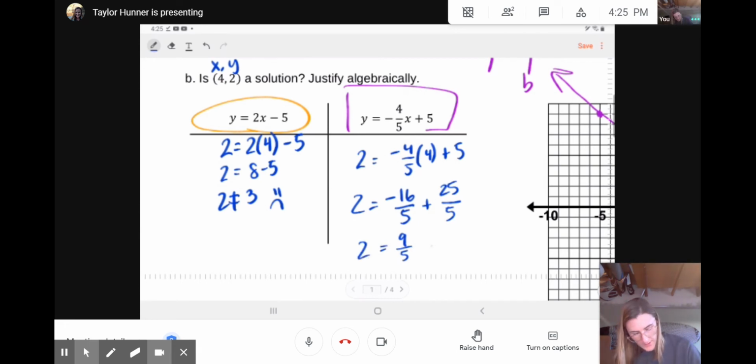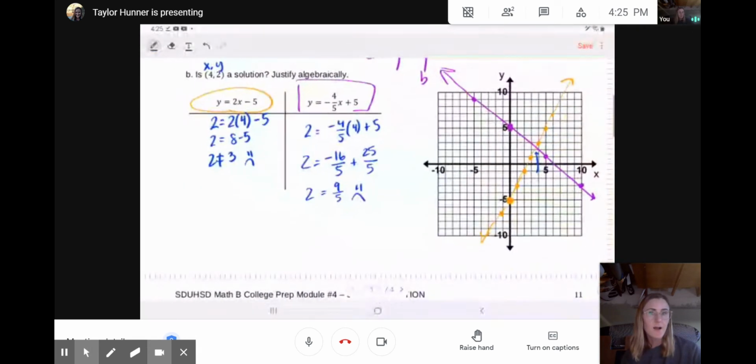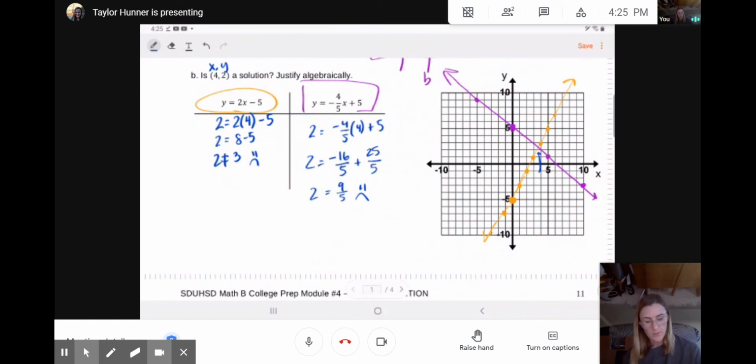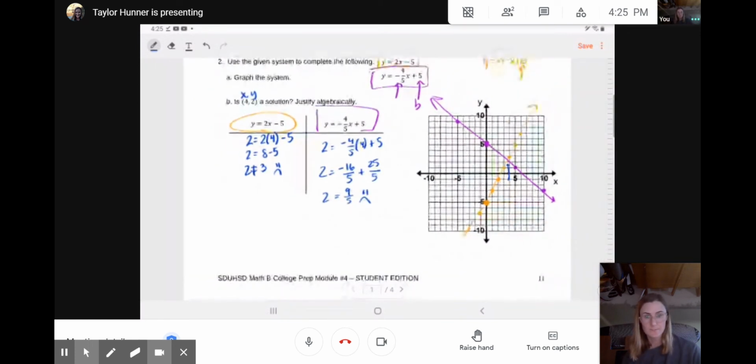I know 9 over 5 is not equal to 2, because I know 10 over 5 is equal to 2. So this point is actually not on either one of these lines. Even if it was on one of the lines, it still would not be a solution because it's not on either one of the lines. So you can say, no, this is not a solution.